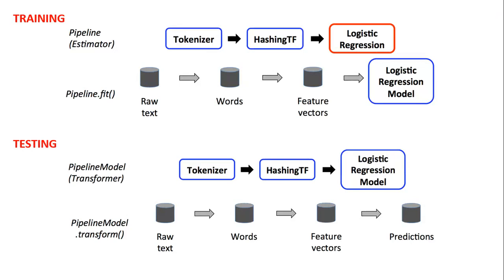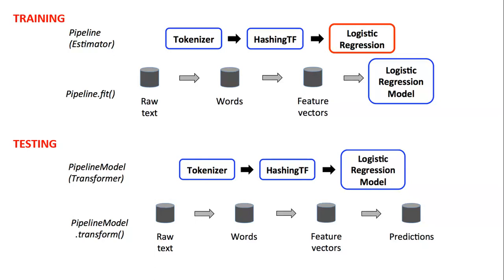Okay, that's just going to create a massive matrix with all kinds of frequency counts for all pairs of words and things like that. And then on that data, you're going to do logistic regression. Okay, so your pipeline is simply equal to an array of tokenizer, hashing TF, logistic regression. Okay, that's an array, and with that array you create a pipeline.